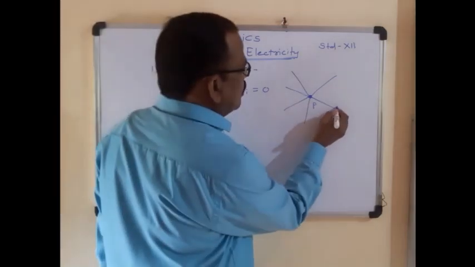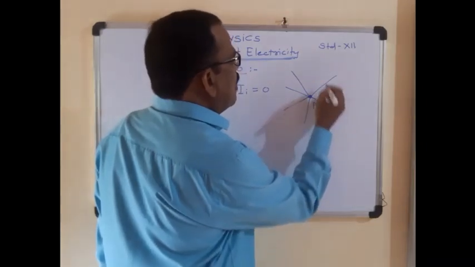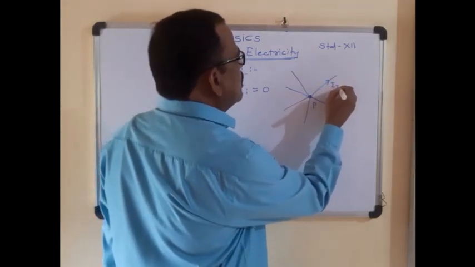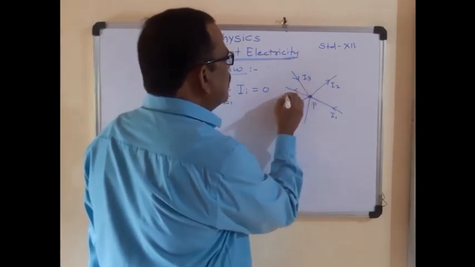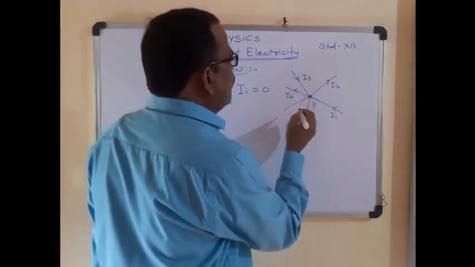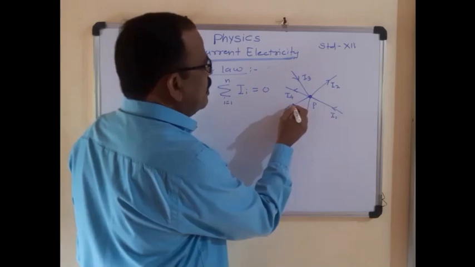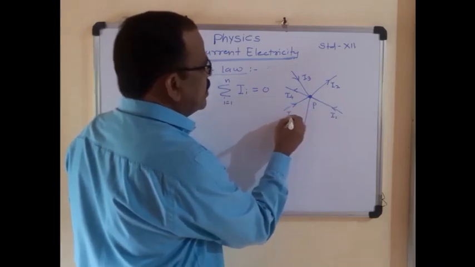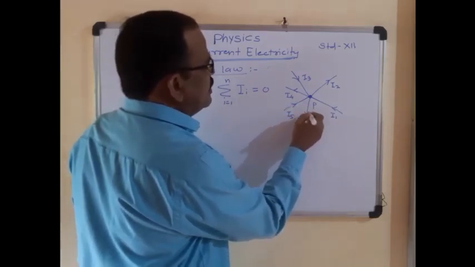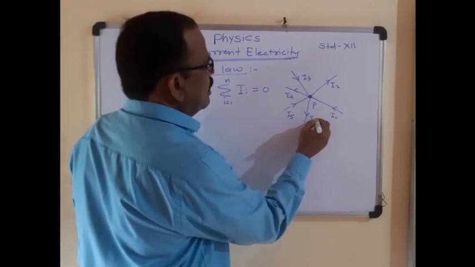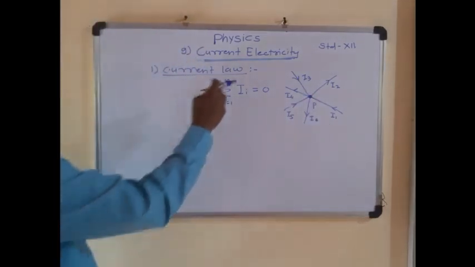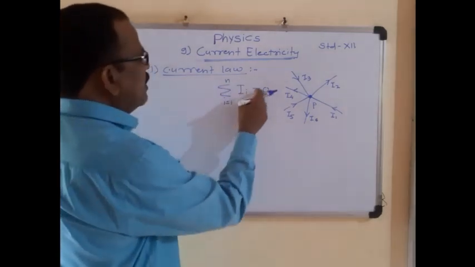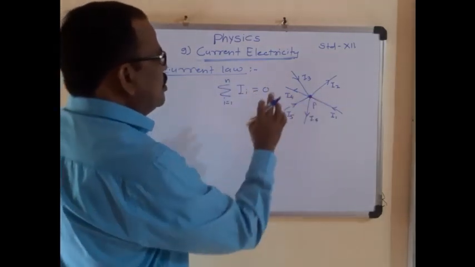The current flowing through the first conductor is I1, second I2, third I3, fourth I4, fifth I5 and sixth I6. Then the algebraic sum of the electric current at the junction is equal to 0.